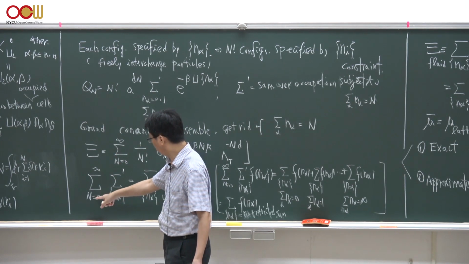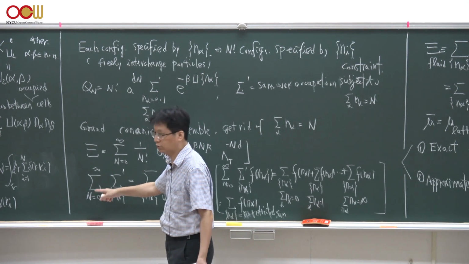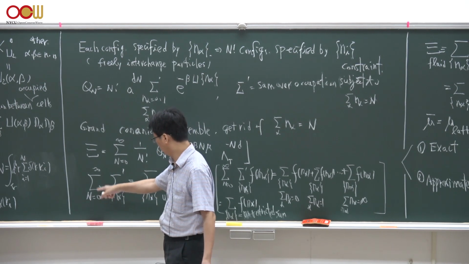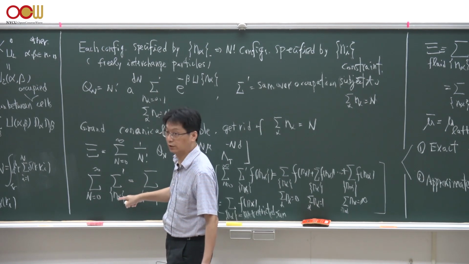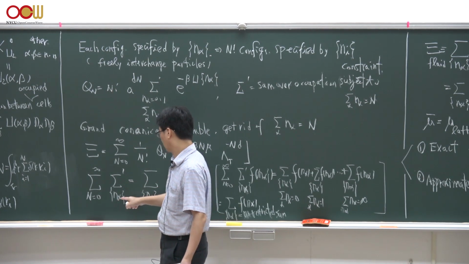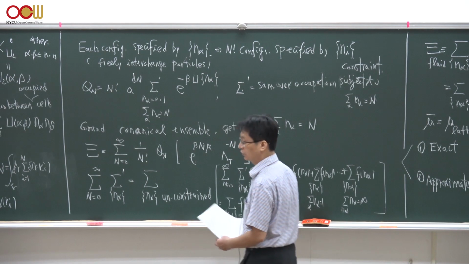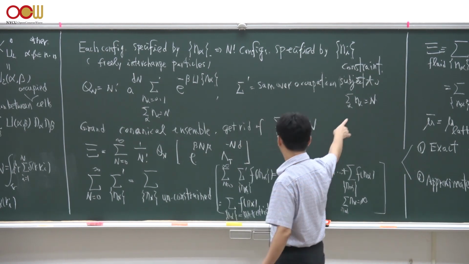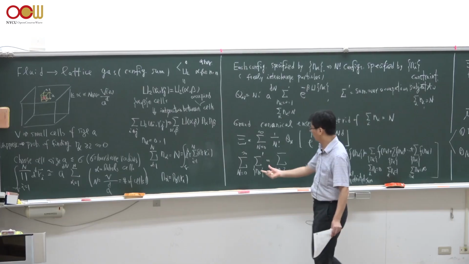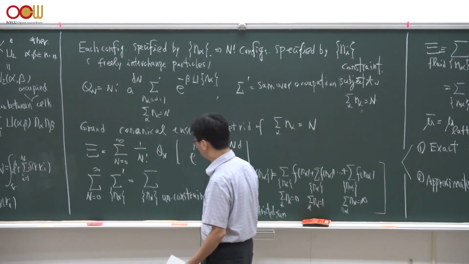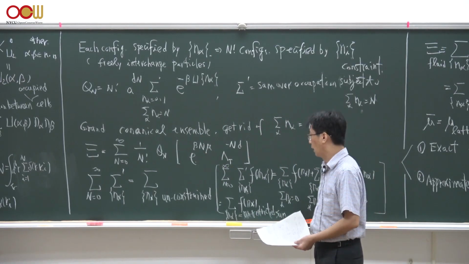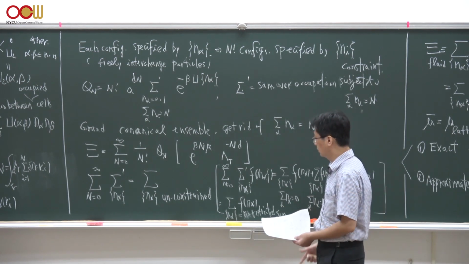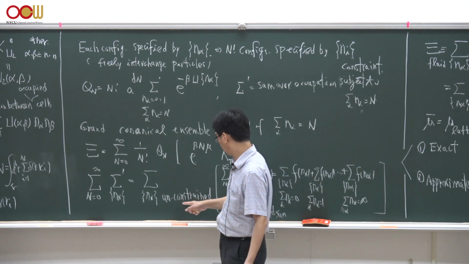So you sum over all possible total numbers of particles from 0 to infinity, but inside, the summation over little n alpha for the unit cells needs to satisfy this constraint. But this product of the two summations could be further divided into many different terms, and when you sum over all these different terms, you get back to the unconstrained summation.